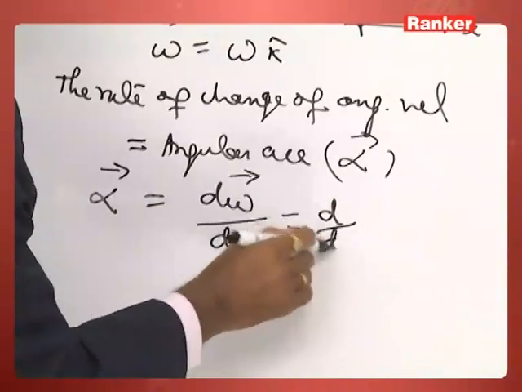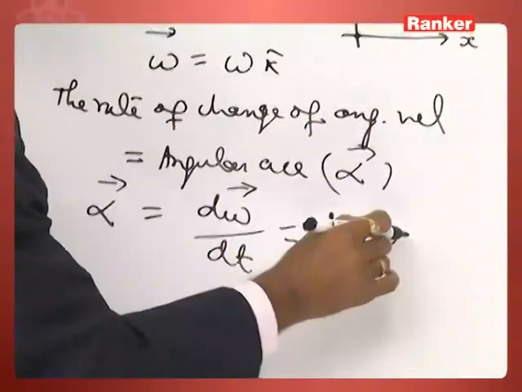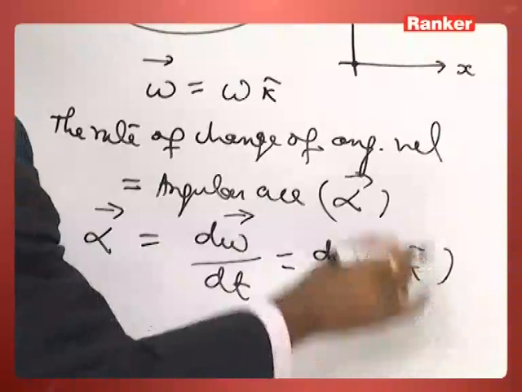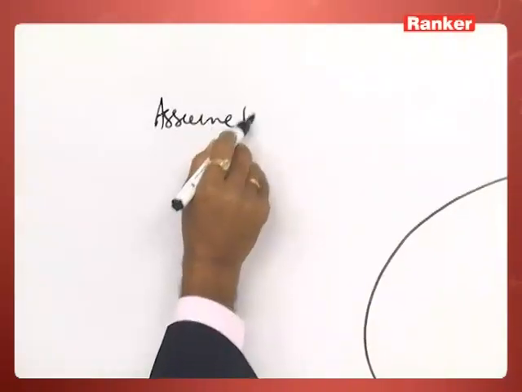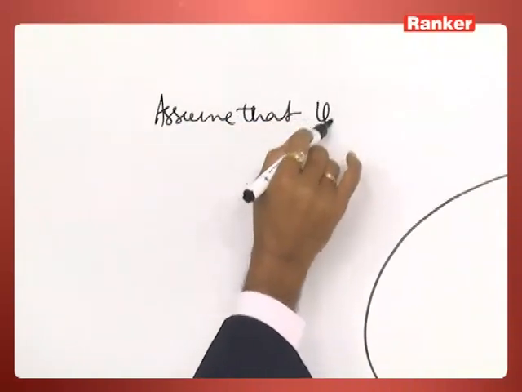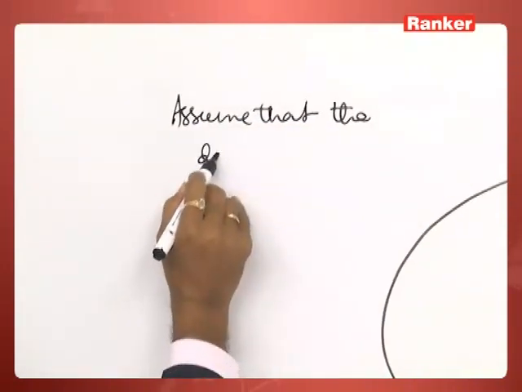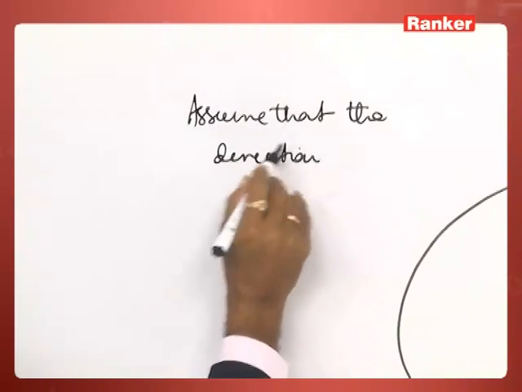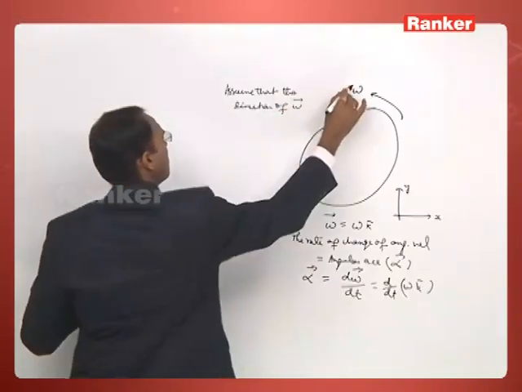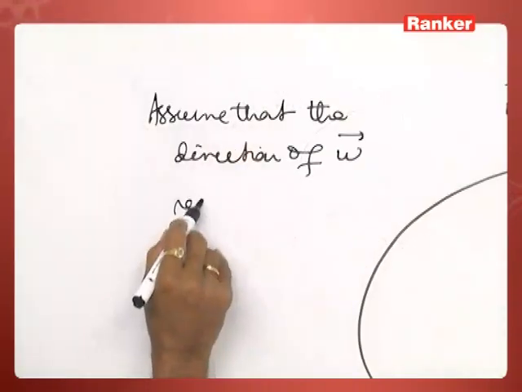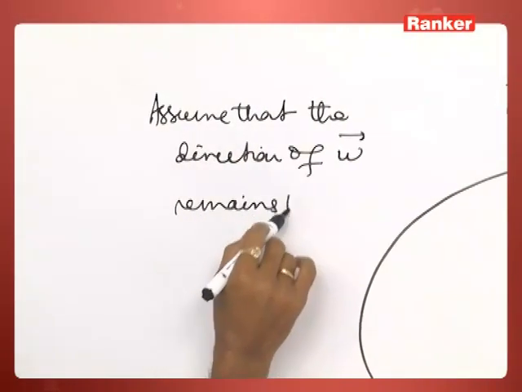The omega vector can be written as omega k cap. Here, what is the assumption? Assume that the direction of the omega vector, or angular velocity vector, remains the same.